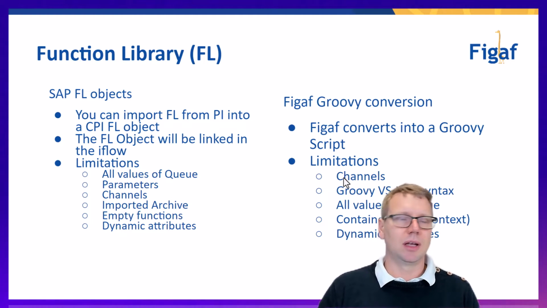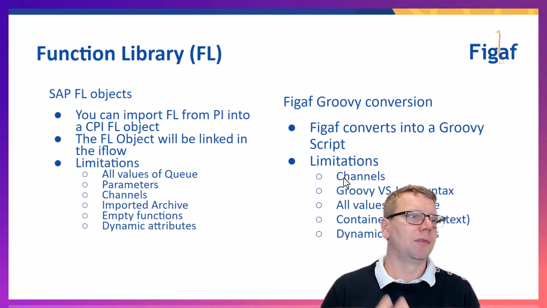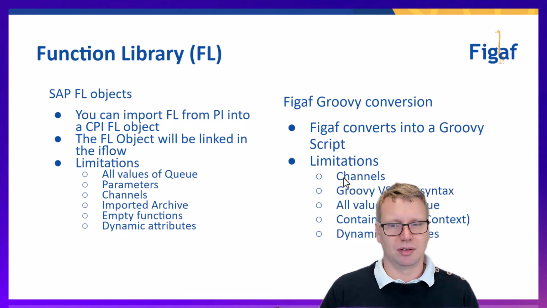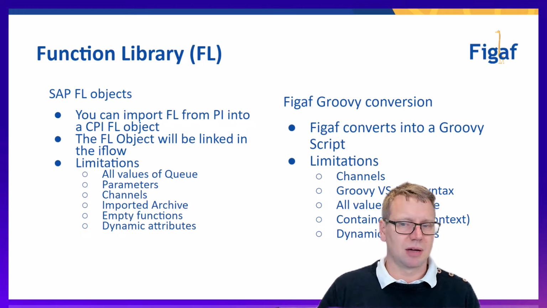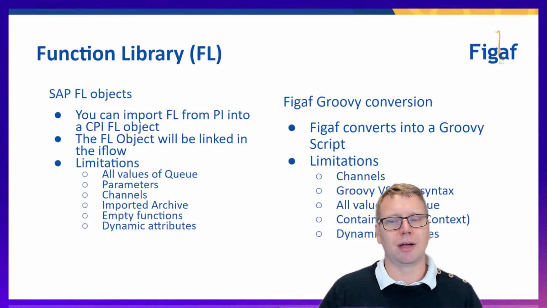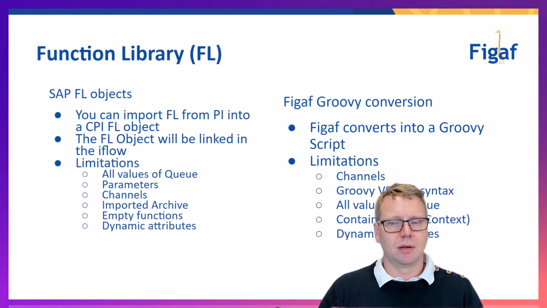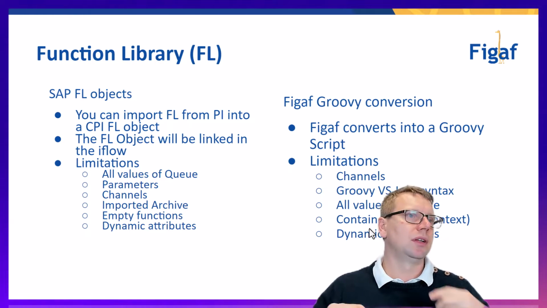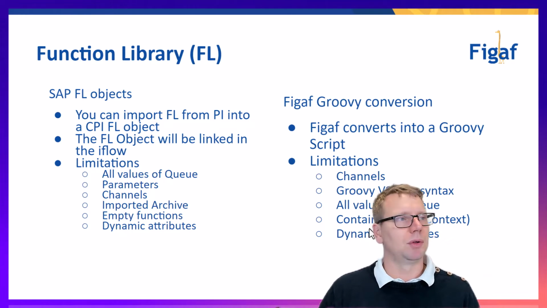Here we can migrate it with channels, but obviously you would need to do something on the channels. We have seen a few examples of Groovy versus Java. There are some things that you need to rewrite. All values of queues are not supported. The functions use context, not container, which means that you would need to rewrite some of those areas where you're using containers.